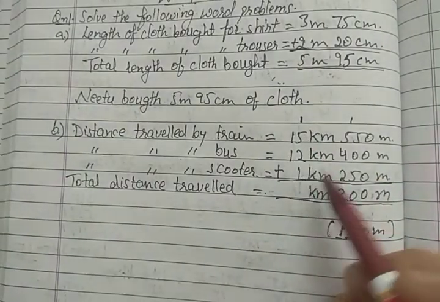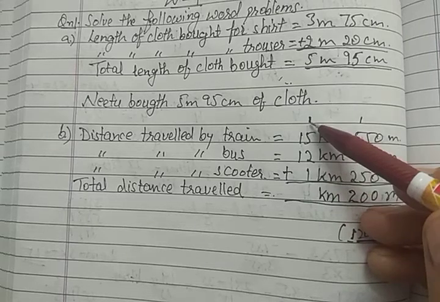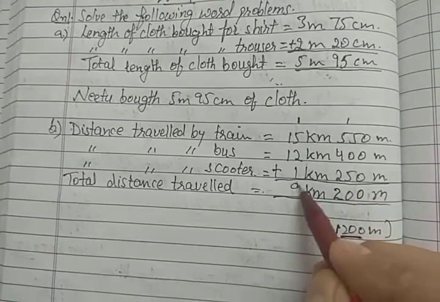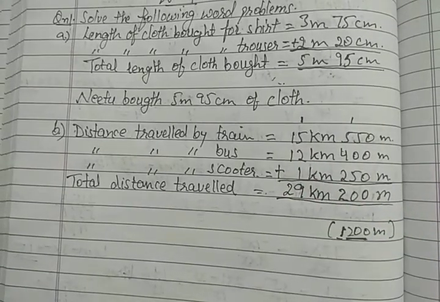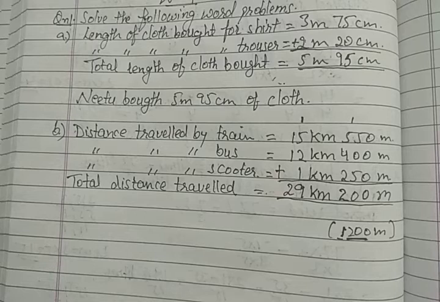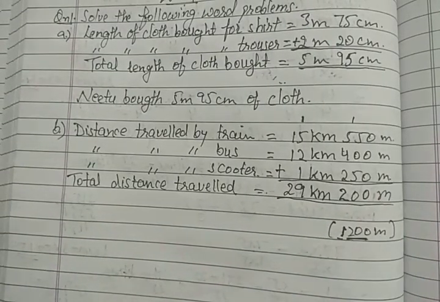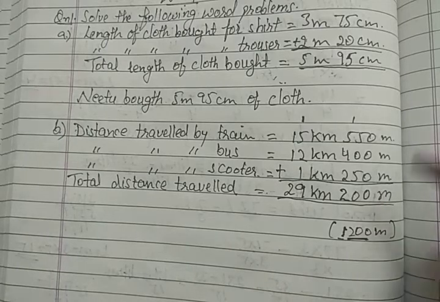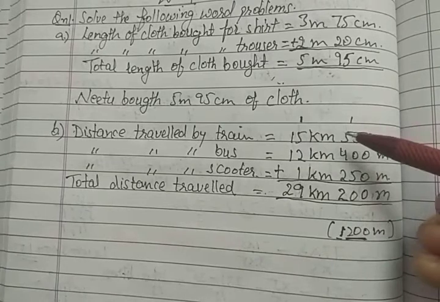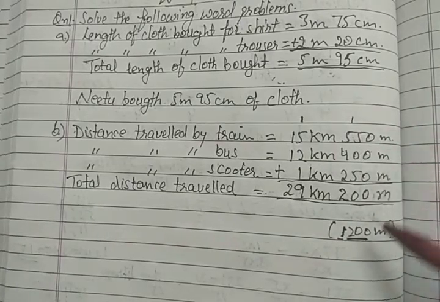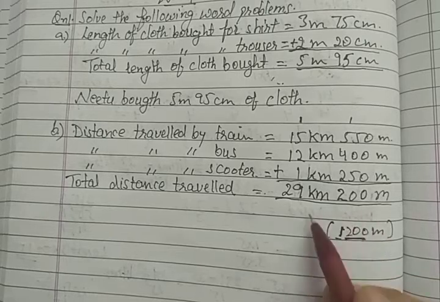Now we can add it. So 5 plus 2 is 7, plus 1 is 8, and plus 1 is 9, and 1 plus 1 is 2. So the total distance traveled by Amit is 29 kilometer and 200 meter. So in this way you can add directly. First of all, add the meters, write it separately and then convert it into kilometer and meter.